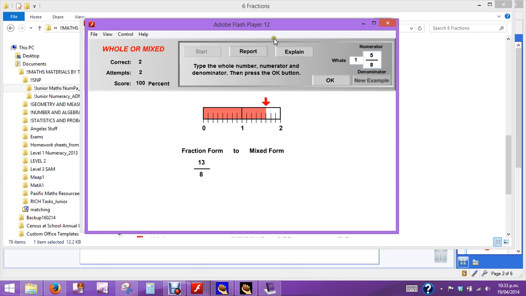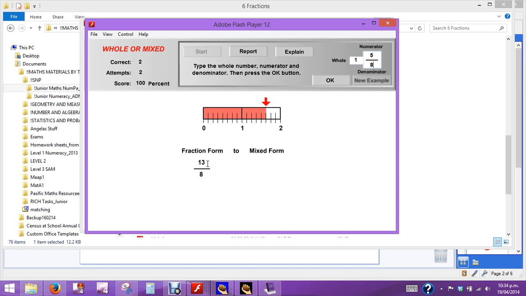Now if we didn't have a picture of it and I was just looking at this fraction here, I need to do it this way. I need to do it numerically, using the numbers, or mathematically. I need to say how many clean whole 8s can go into 13. How many times can I make 8 before I reach 13? Well, I know that 8 ones are 8, so I can make it once.